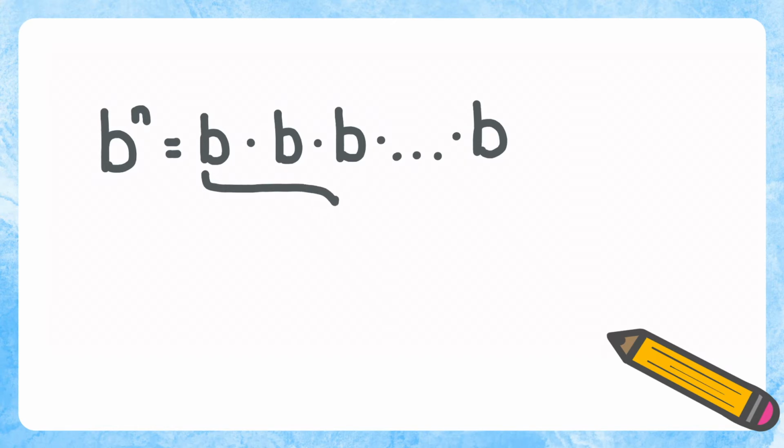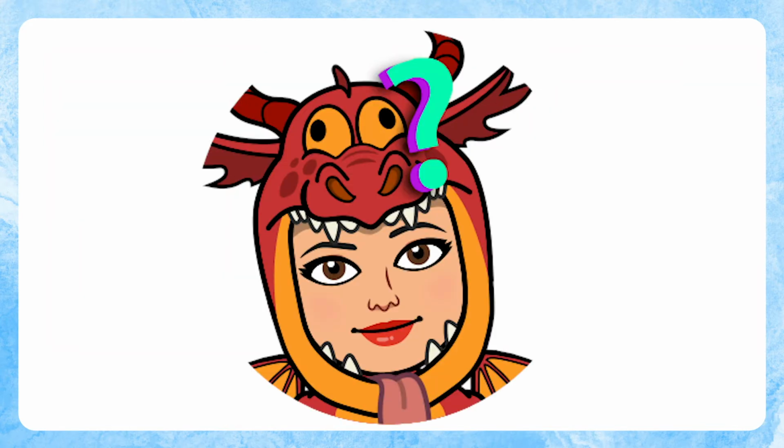So if we have b to the n power, we multiply b for n times. That might be confusing, so let's break it down.